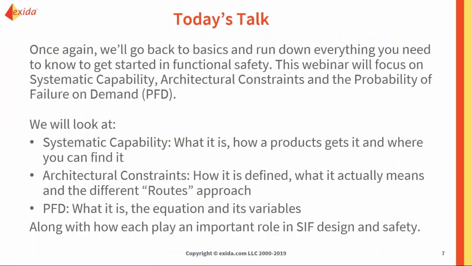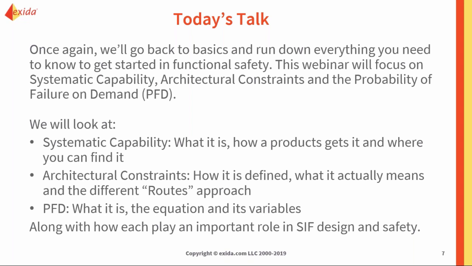So let's get to why you're here today, though. Like I said, today we're going to really focus and expand on those last 3 Back to Basics blogs that were posted. The one a couple weeks ago was on systematic capability, then PFD or PFD average, and architectural constraints being the latest one.